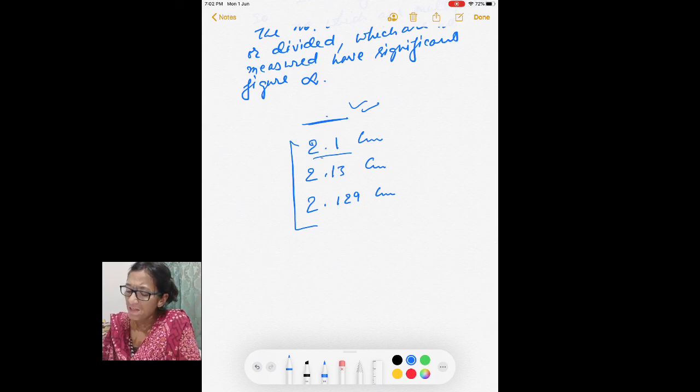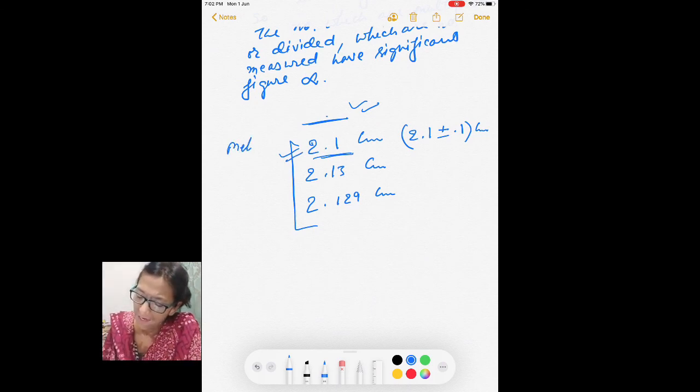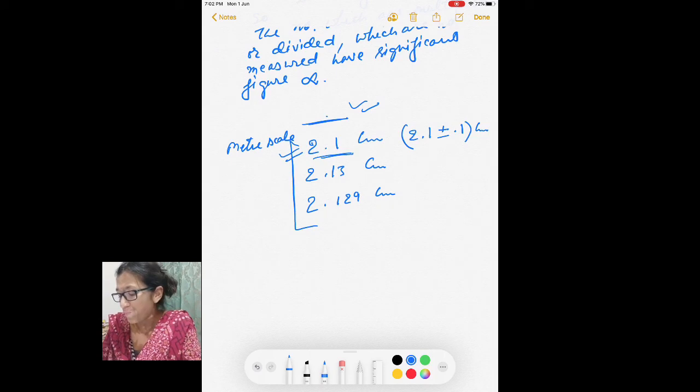The first is measured up to a millimeter, so the variation can be up to 1 millimeter, so you can write plus and minus 0.1. It is sure that the least count of a meter scale is 1 centimeter, so this first measurement is made by a meter scale. The second measurement is up to a 100th of a centimeter.